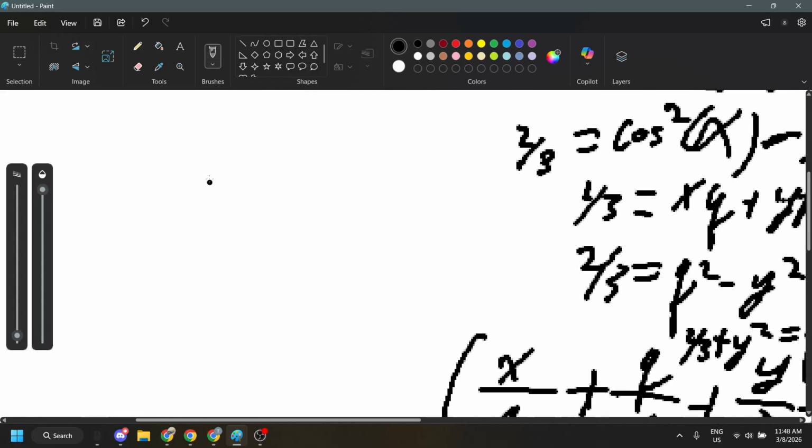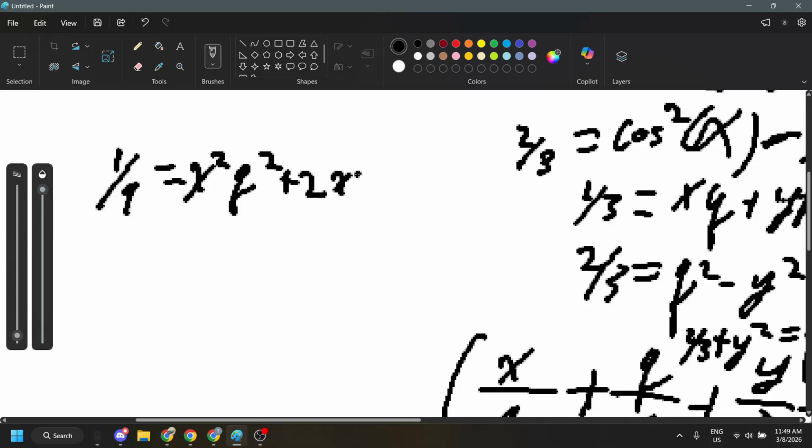Then we have 1/3 is equal to, or 1/9 is equal to x squared q squared plus 2xypq plus p squared q squared.